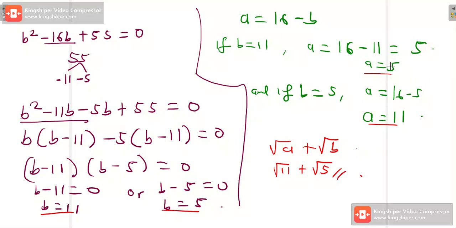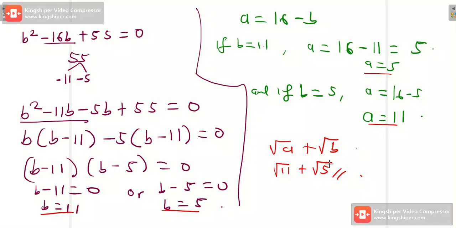But remember that if a is 5, your b is 11. So you also get root of 5 plus root of 11. But know that addition is commutative. So whether root of 11 plus root of 5 or root of 5 plus root of 11, they are the same.